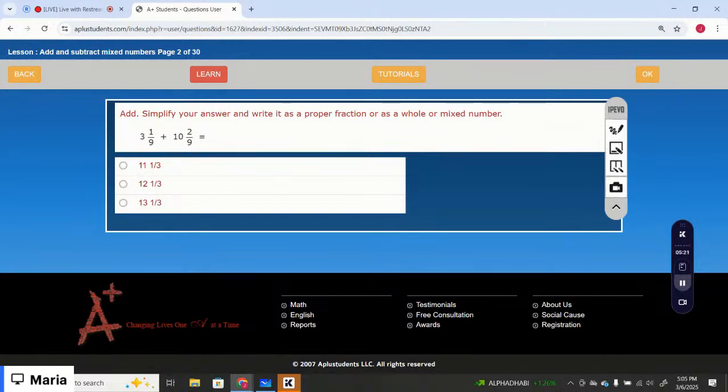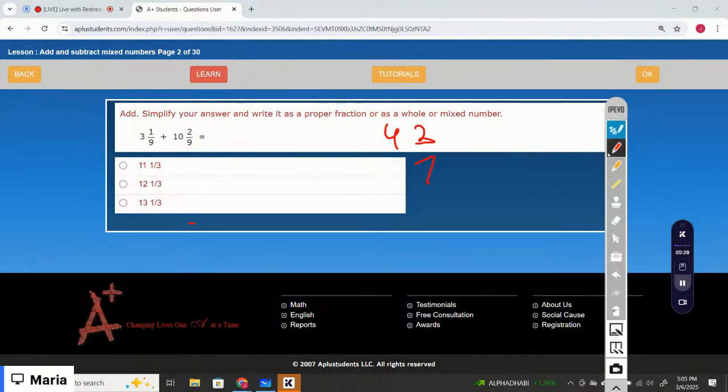Three whole 1 over 9 plus 10 whole 2 over 9. 10 plus 3 makes 13. And 2 plus 1 is 3.